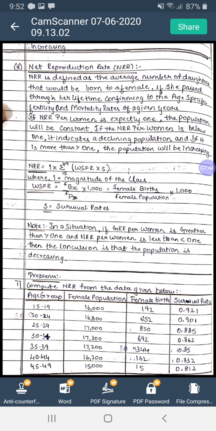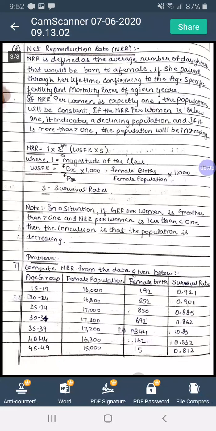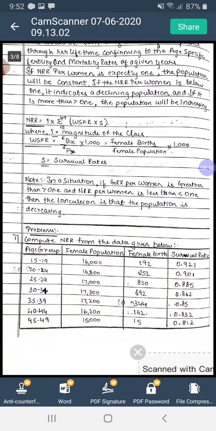NRR is equal to i into sigma WSFR into S, where survival rate will be given separately as S. Here, the age classification is the same, and B, that is birth divided by population of female into 1000, and the survival rate.